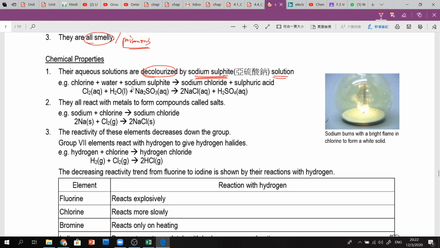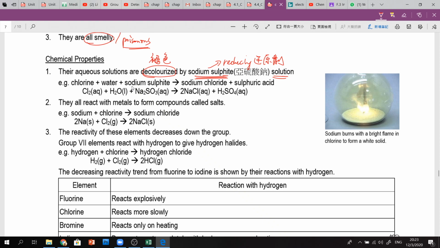Sodium sulfite is a reducing agent, commonly found in some preserved fruits, or maybe red wine, so we have sulfite inside. With the presence of halogens, they react with sodium sulfite to cause decolorization. Decolorization means making it colorless.